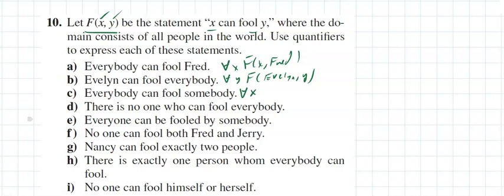Everybody can fool somebody. So for everybody, there exists somebody such that they could fool them. There exists no one that can fool everybody.